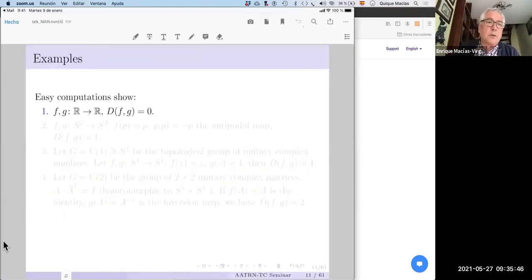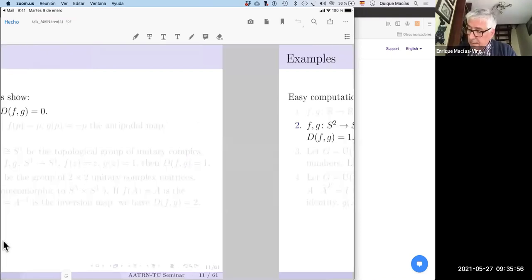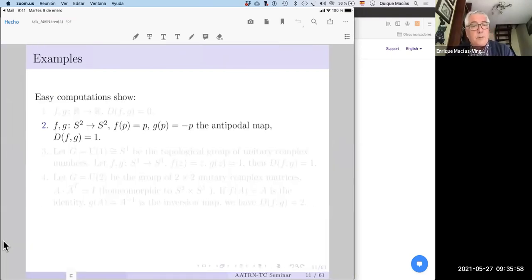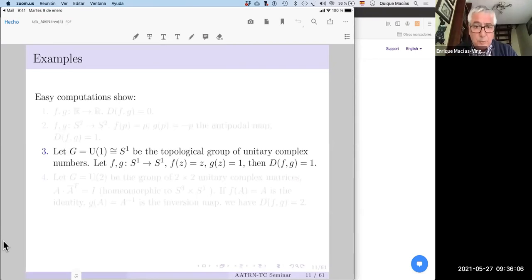So the first easy computations show that, for instance, if you have two maps defined on R, then the distance is 0 because R is contractible. On the sphere S2, if you have the identity and the antipodal map, then the distance is 1. On the group of unitary complex numbers S1, if you have the identity and the constant map, then the distance is 1.